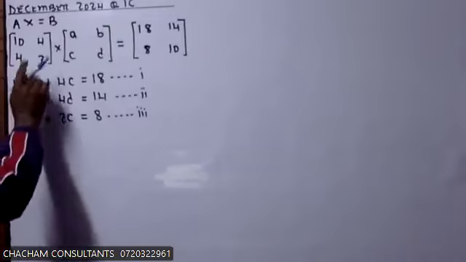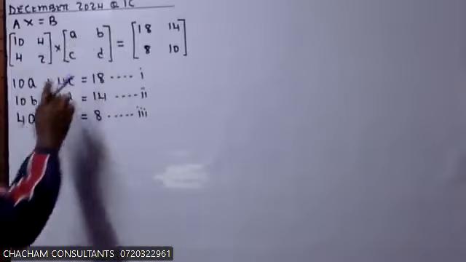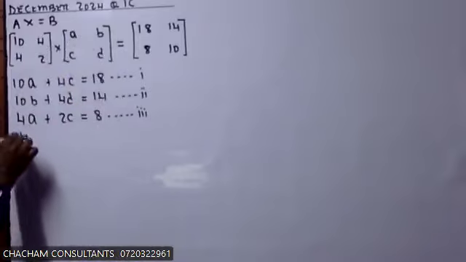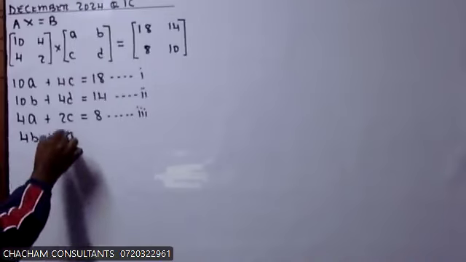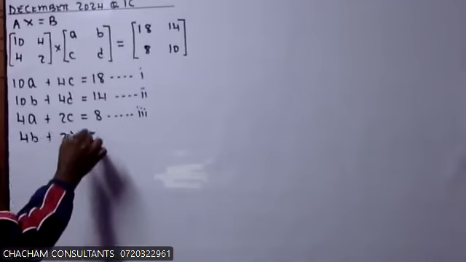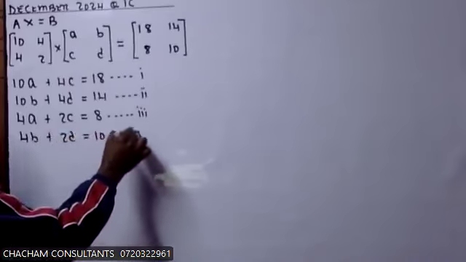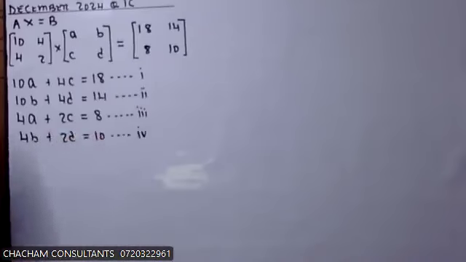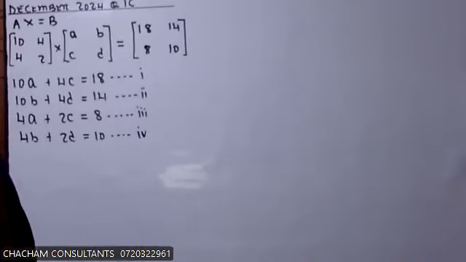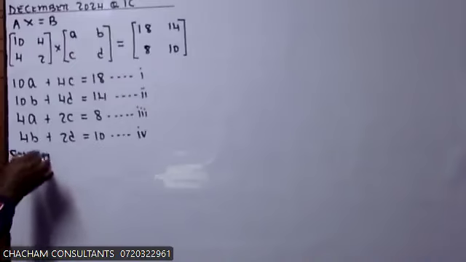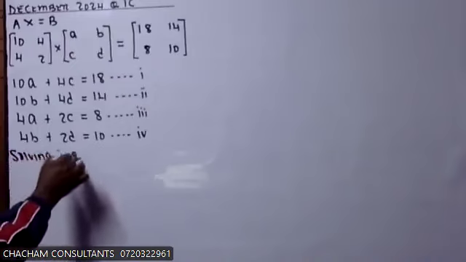Then this one by this, so 4B plus 2D is equal to 10. So this is equation number 4. So we now solve. So solving 1 and 3.